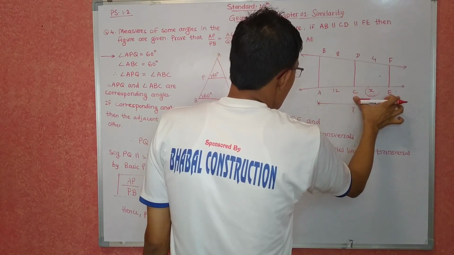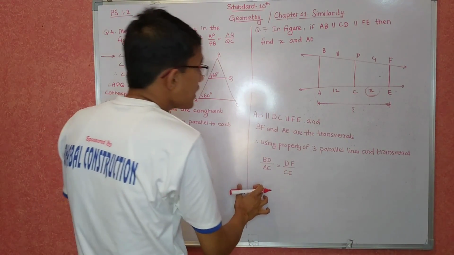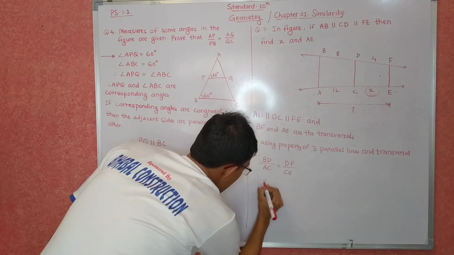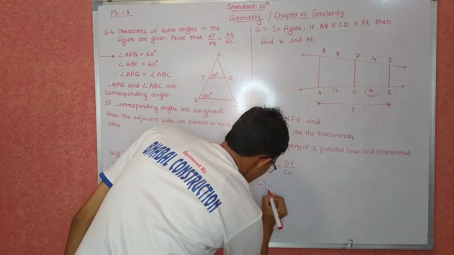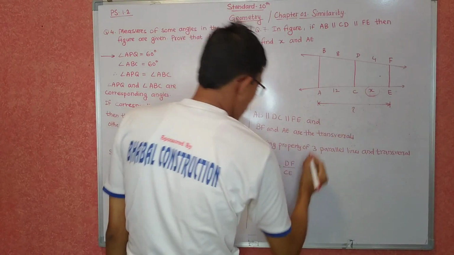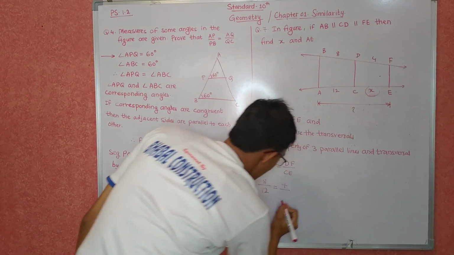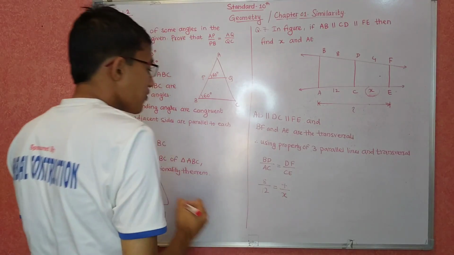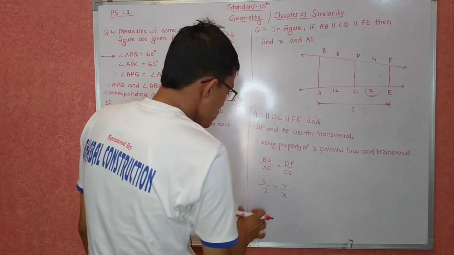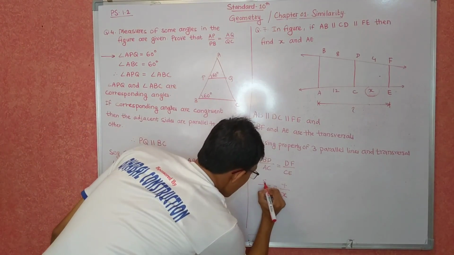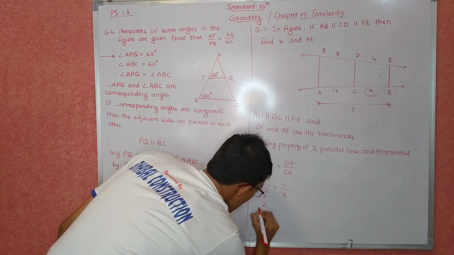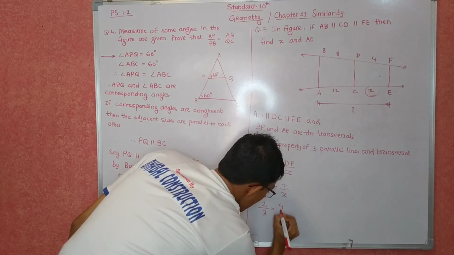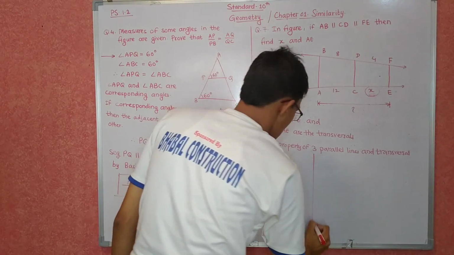So we have the value of BD, that is 8, the value of AC is 12, DF is 4 and CE is X. We have to find the value of X now. So 4 2s are 8 and 4 3s are 12. So we get 2 by 3 is equal to 4 by X. Okay.